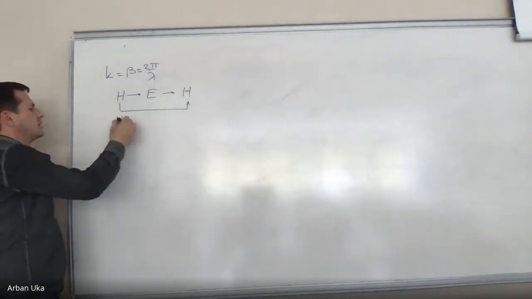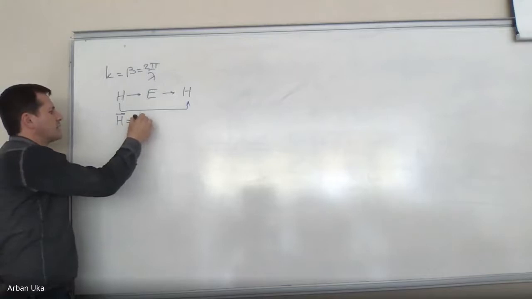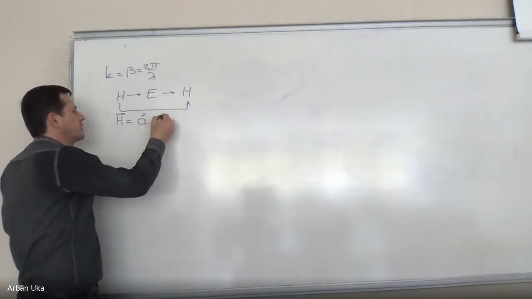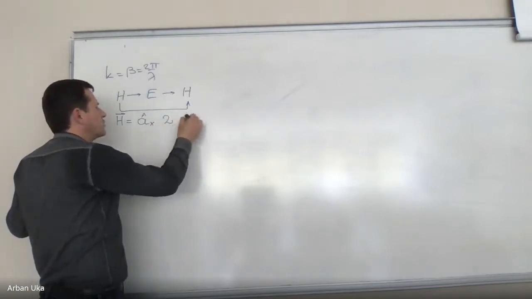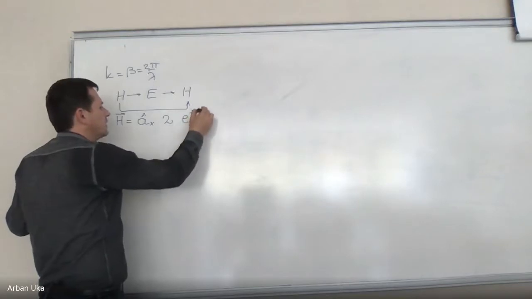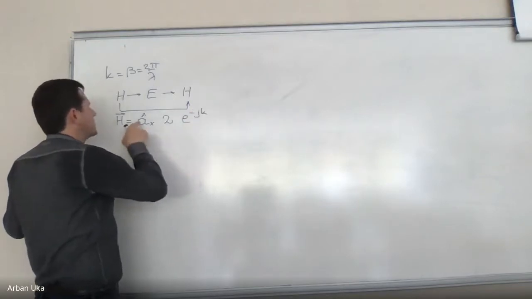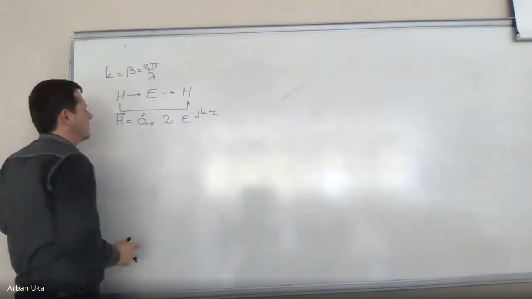So H, the magnetic field intensity, can be equal to, let's say, ax, then some value here, 2, this is the amplitude, and this would be e to the power minus jkz. This is along x, and let this one propagate along z.